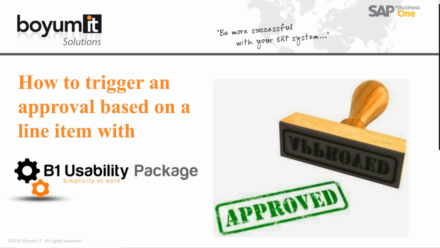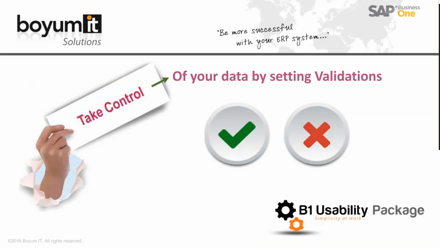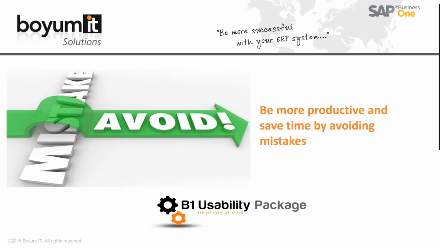We want you to have control over your data in there. That gives you a lot of control. We're going to build a validation, and then we're going to set up the SAP approval. That will really help you avoid mistakes.